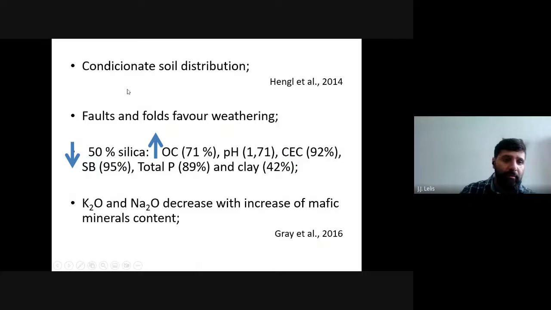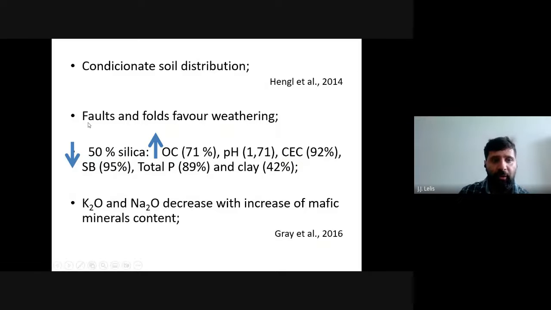And so the presence and the density of faults and folds help a lot the weathering of the rocks, of course, and they help the formation of soils, or they avoid the formation of soils, depending, of course, on whether folds form some different materials, okay?